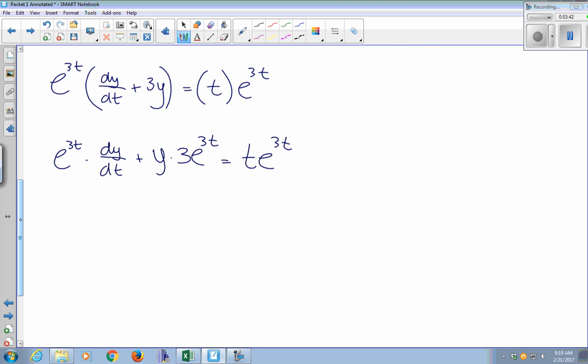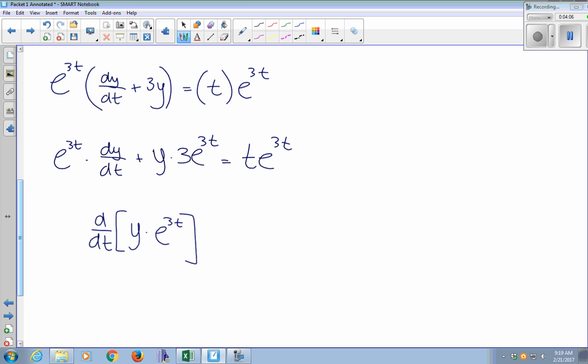I recognize the product rule, and this will happen every time, so it's not a surprise. So this is the derivative of the product y times e to the 3t.